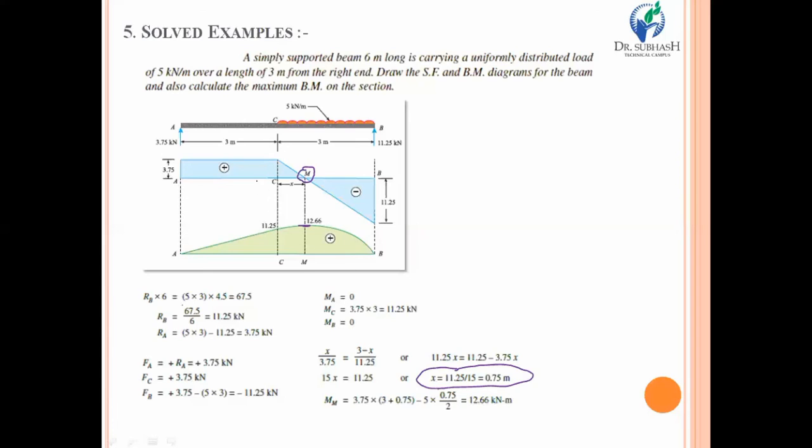So over here we have found a section, section M, located at 0.75 meter from section C, where the shear force is equal to 0. So we can conclude that section M contains the maximum bending moment.